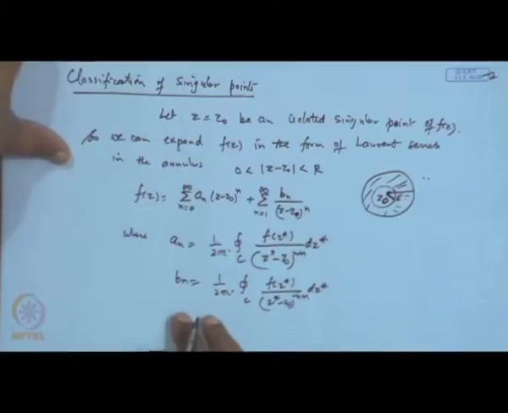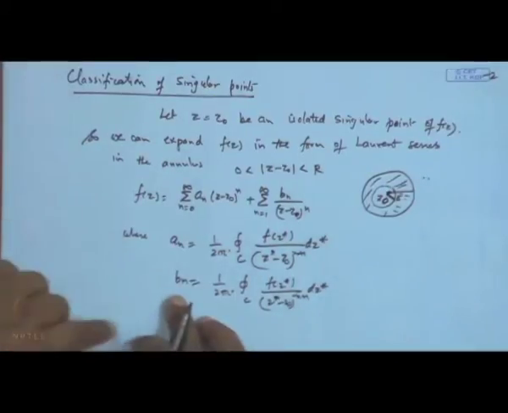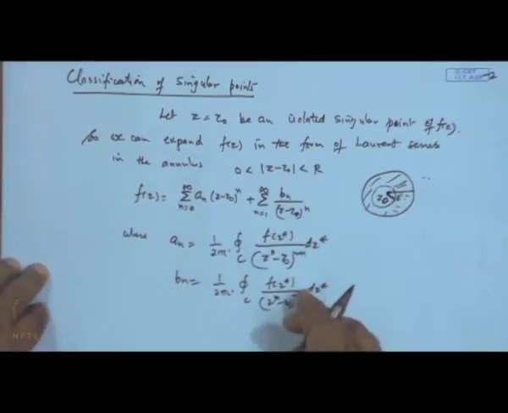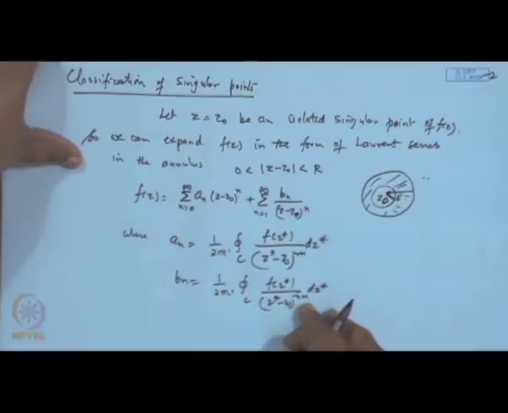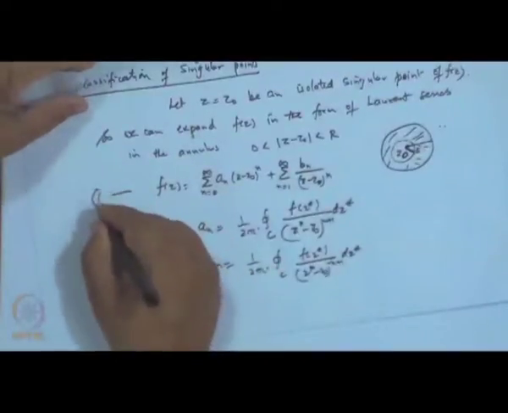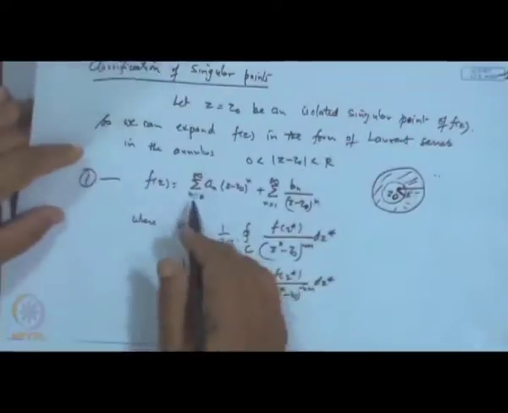That is a single formula, we can write it in this fashion. And so, b_1 is nothing but what? When n is 1, it is f(z star) over z star minus z naught, n is 1. So, b_1 will be the integral of f(z) dz. Now, if we look at this series 1, then it consists of two parts.